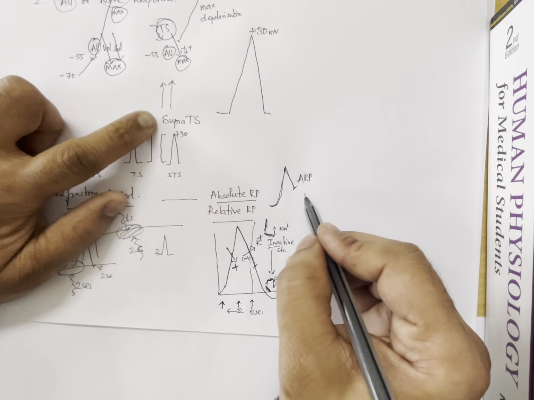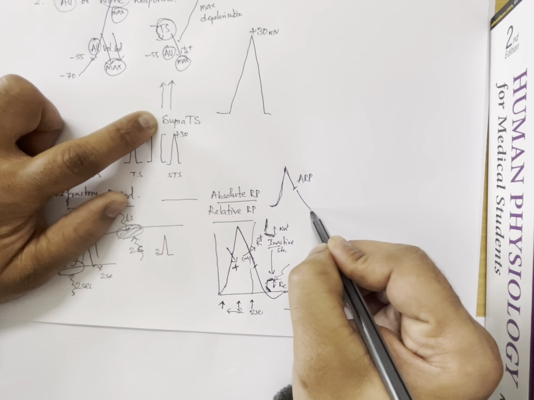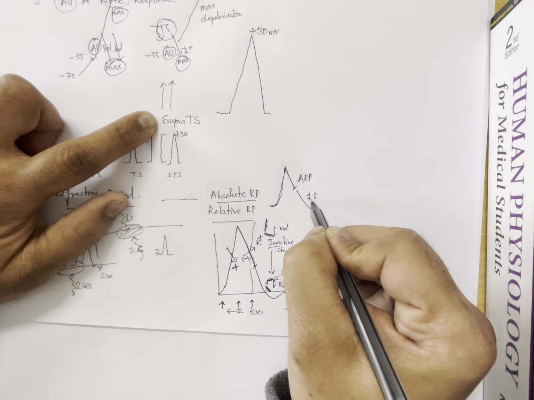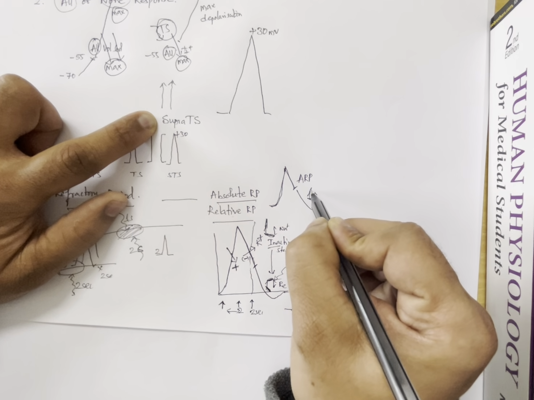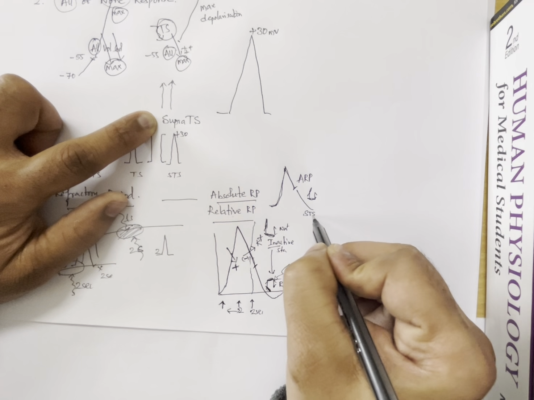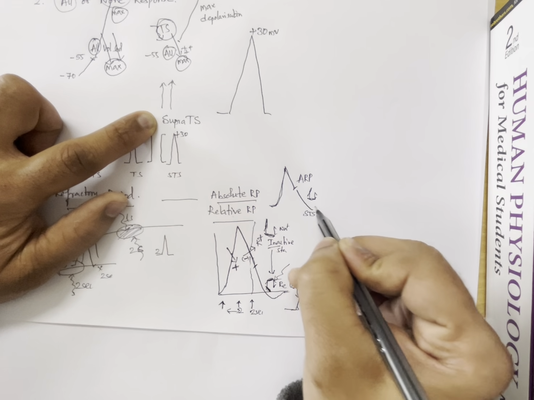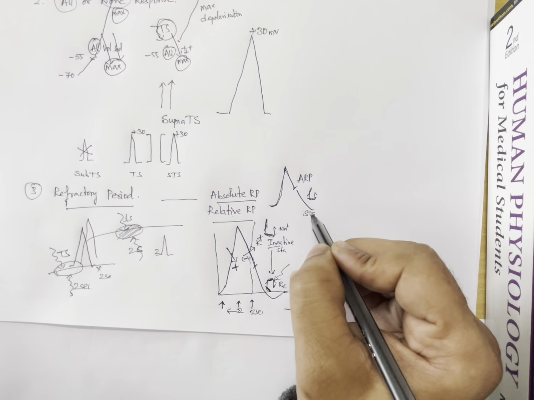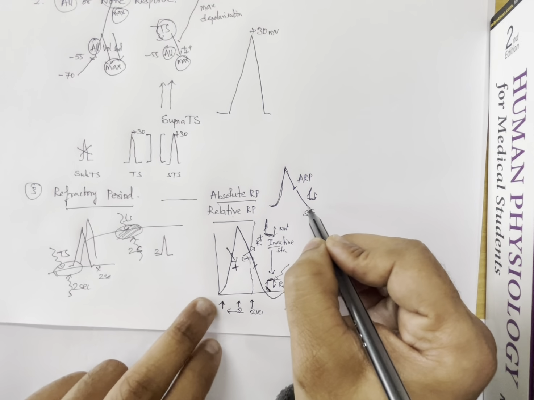But during the later part of repolarization, what is happening? Some of the voltage gated sodium ion channels are coming to the resting state. This is the resting state. When a supra-threshold stimulus is applied here, what happens?